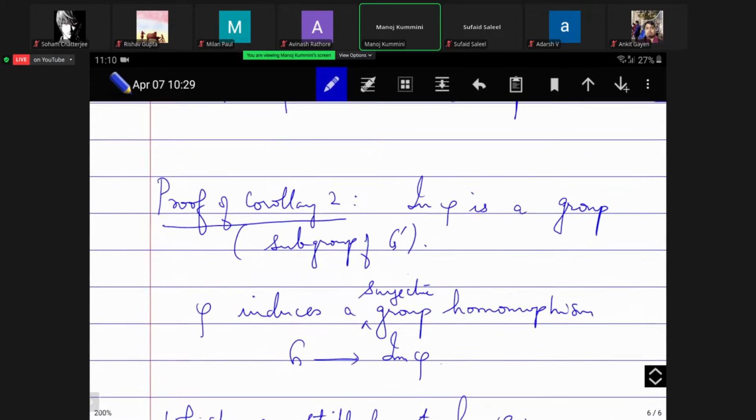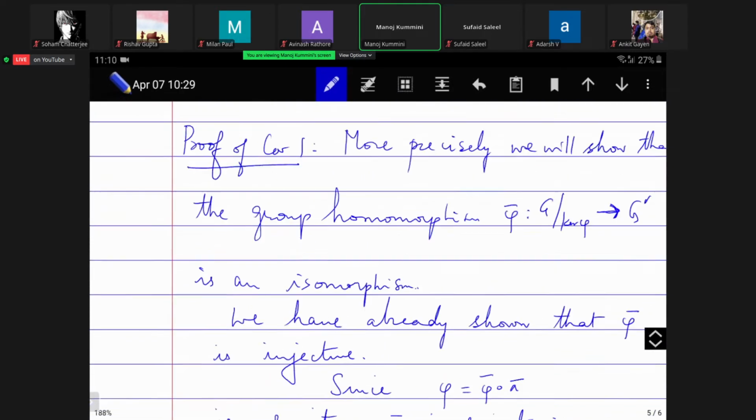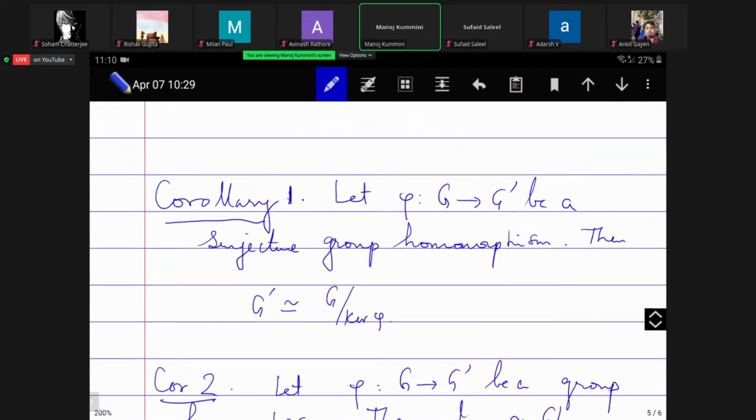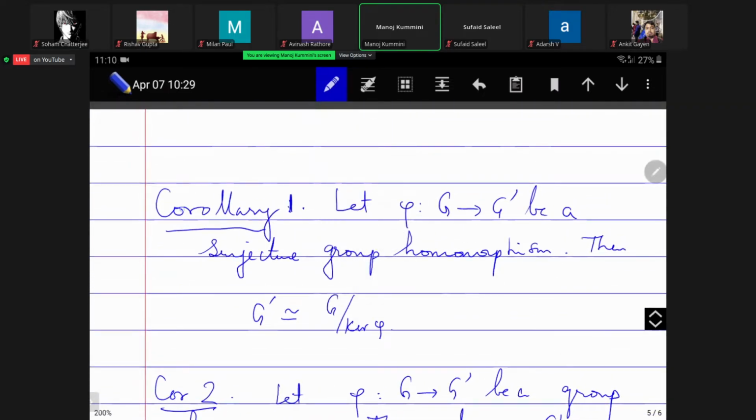What we just did is called the first isomorphism theorem. What I wanted to state was the second or third.